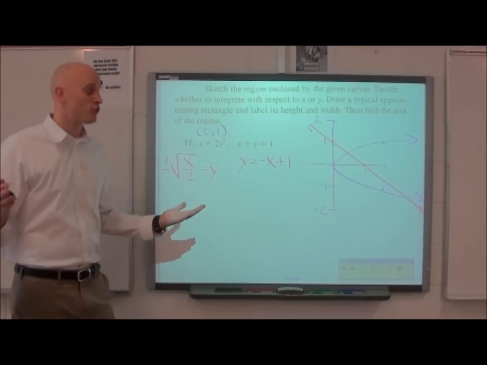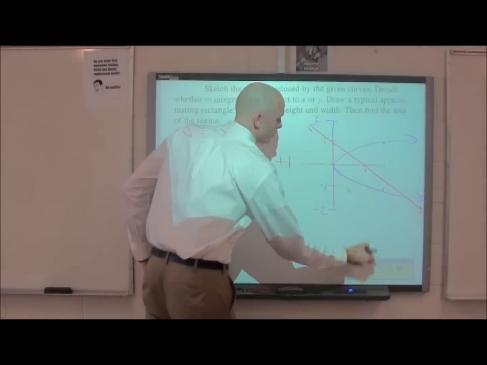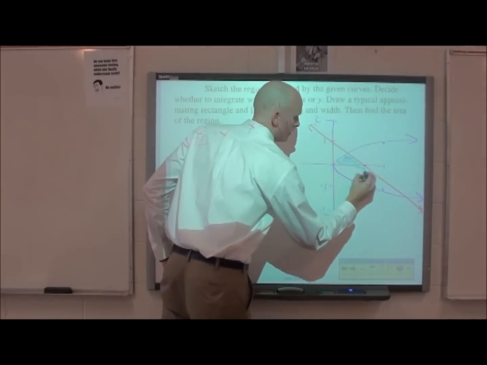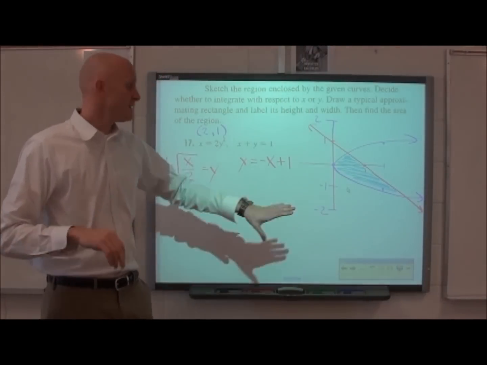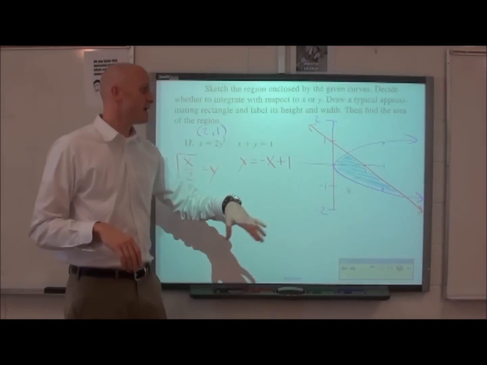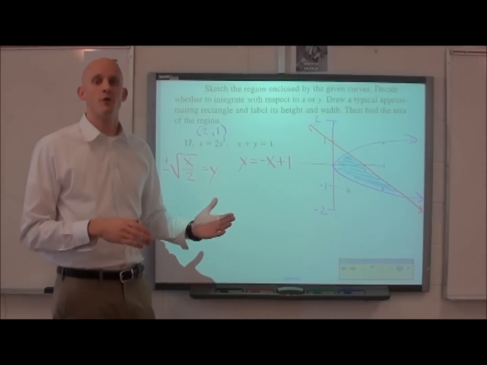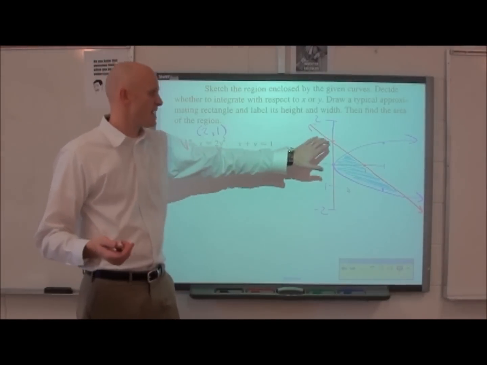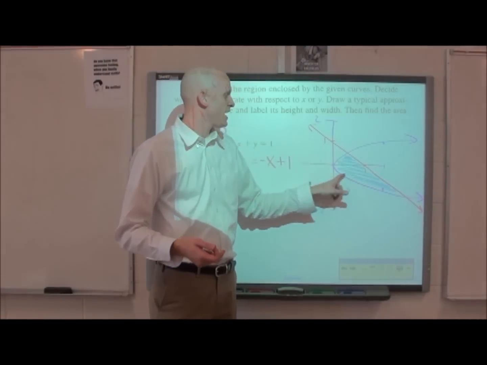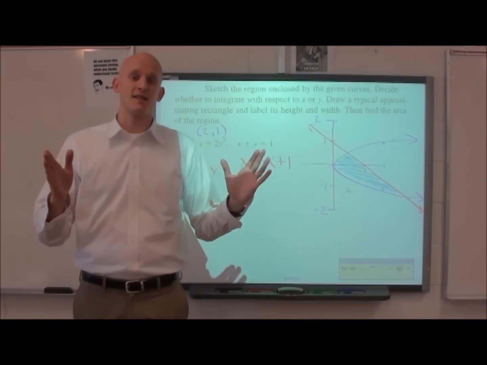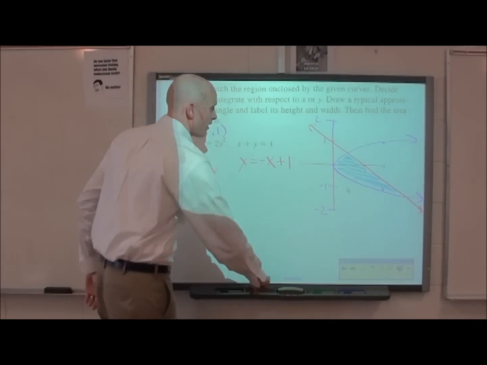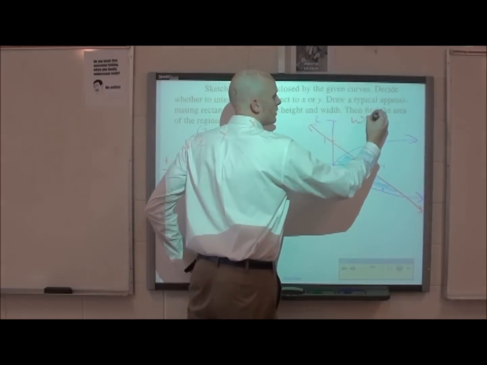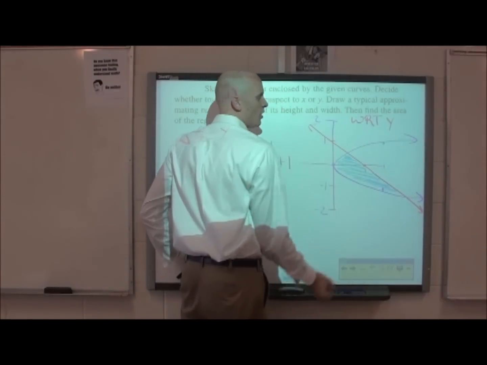And that gives us our shaded area, which will be that area. With this basic sketch, we can easily determine what we want to integrate with respect to. We have a right curve and a left curve, which tells me instantly that we want to integrate with respect to y. So we are going to integrate with respect to y.